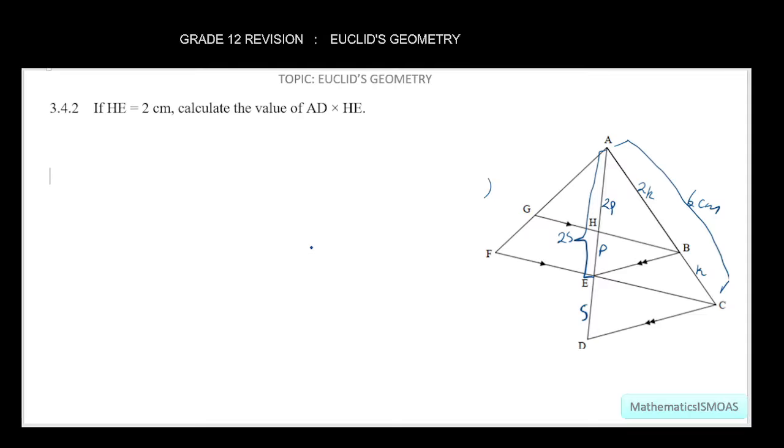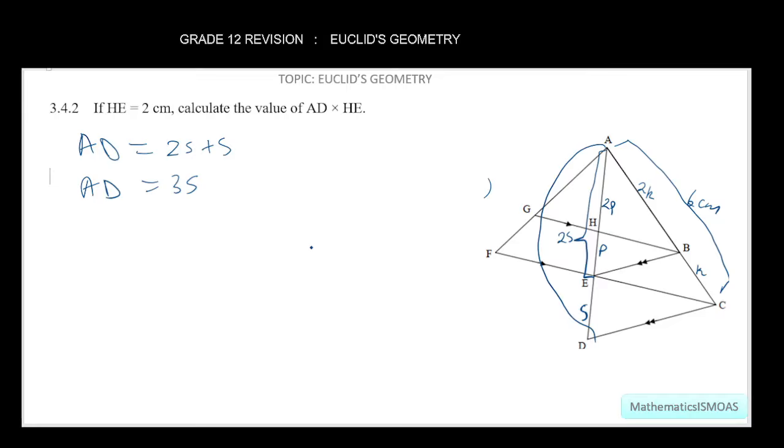We know HE is 2 centimeters, but what is AD? Here is AD. In terms of S, AD is 2S plus S, AE plus ED, which is equal to 3S.